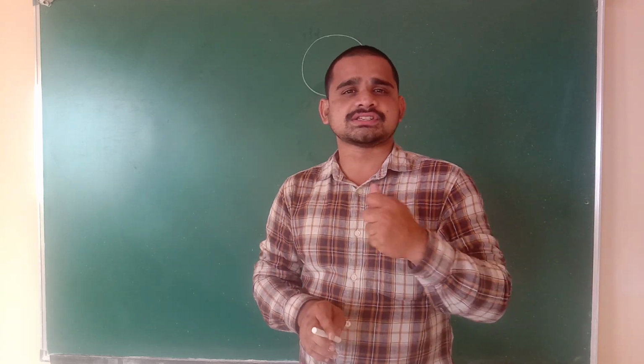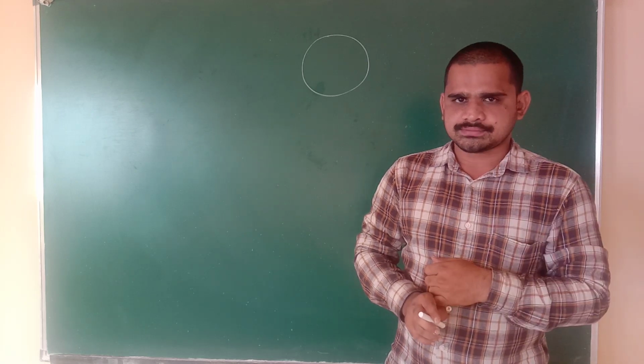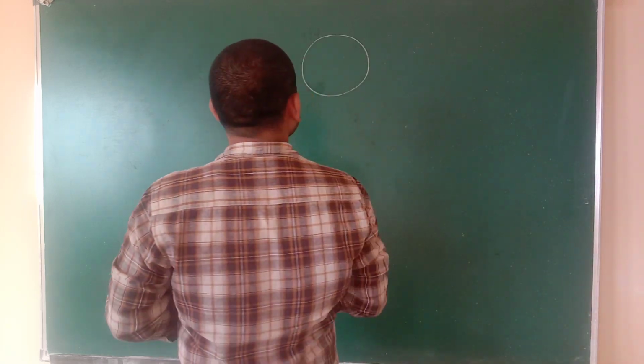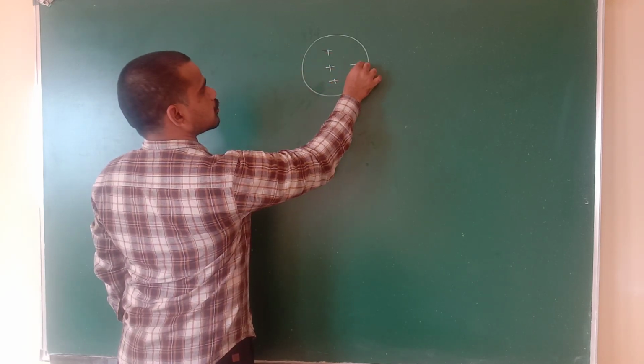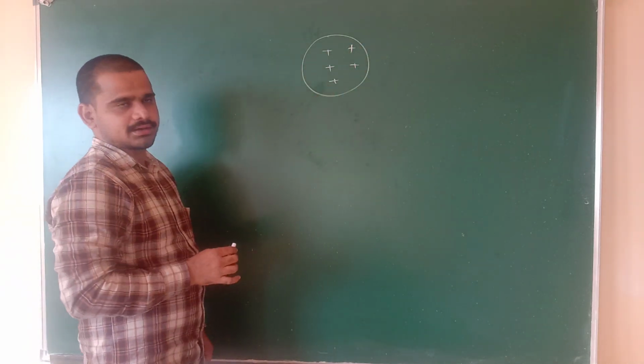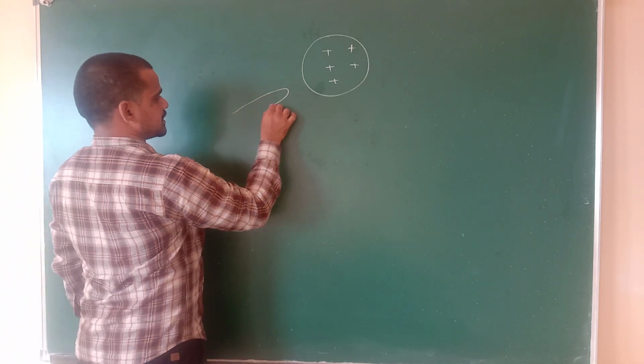How can you identify the charge of a body? Try to understand this very carefully. I am bringing a positively charged rod here. What force is going to act between these two? Repulsive force, if it is a positive charge.